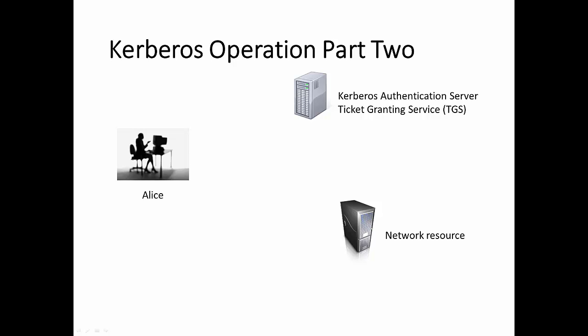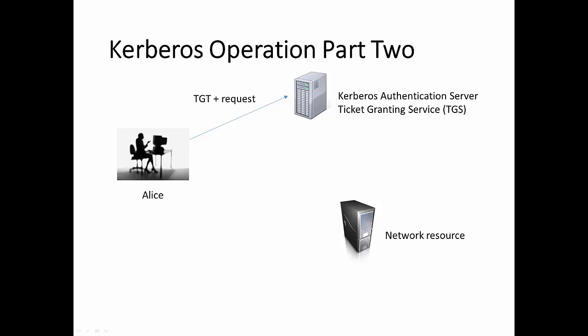But at this time, the sub-element of the Kerberos authentication server receiving Alice's ticket granting ticket is called the ticket granting service. So the ticket granting service is receiving Alice's ticket granting ticket, as you can see in this slide. So she's sending back this ticket granting ticket with her request.